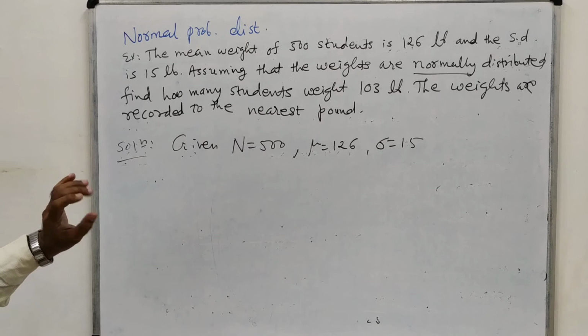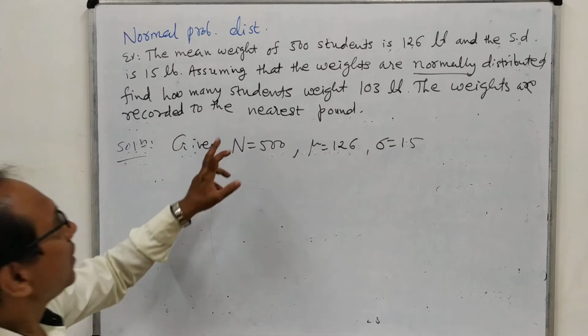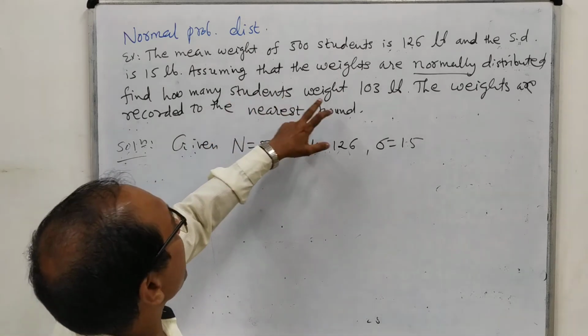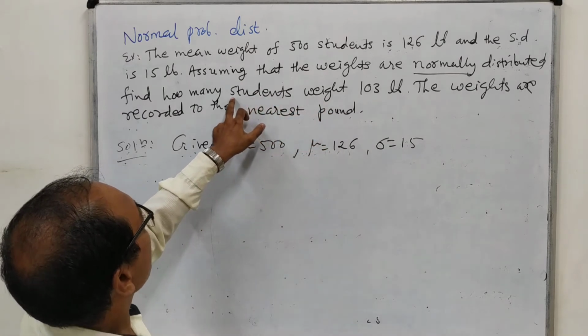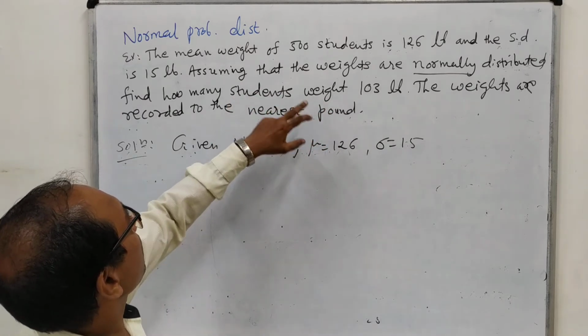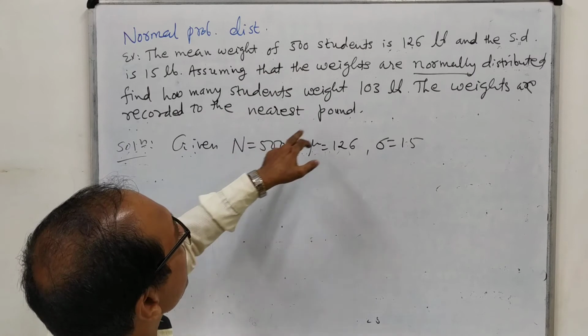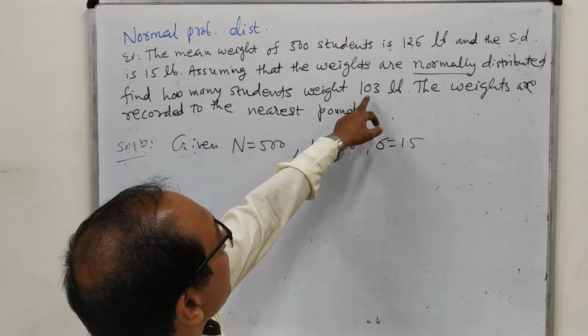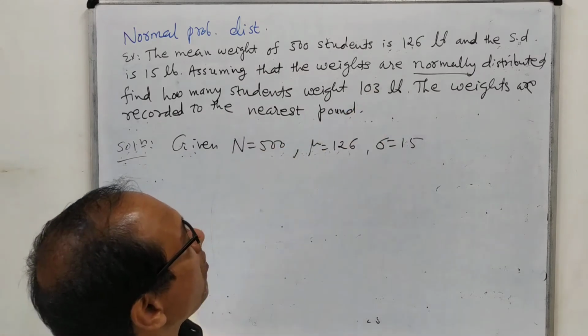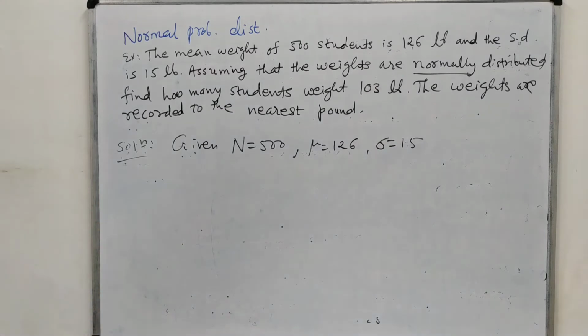So we want to find out the number of students. See now, it is not asked to find out the probability directly, but we are asked to find out the number of students. That means among 500 students, how many students will weigh 103 pound? But for that we require to find out the normal probability.